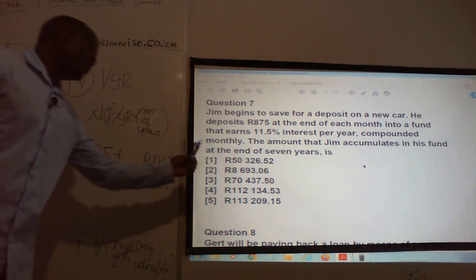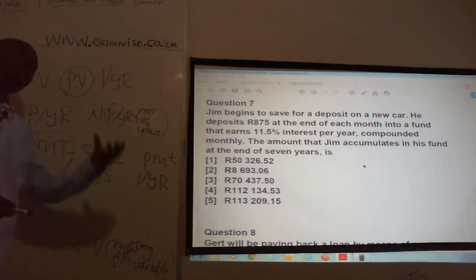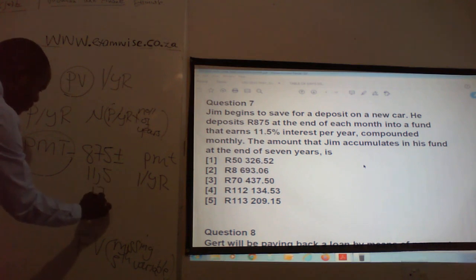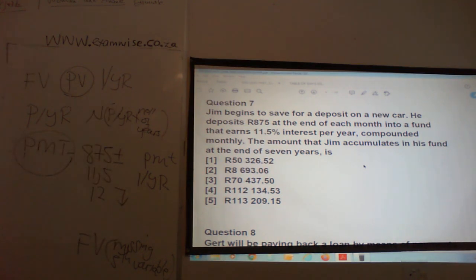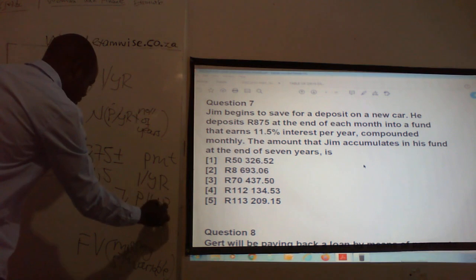Interest is compounded monthly, so we need P over YR, the number of times interest is compounded per annum. Compounded monthly means 12 times per annum, so we enter 12, then down arrow, then we press P over YR.